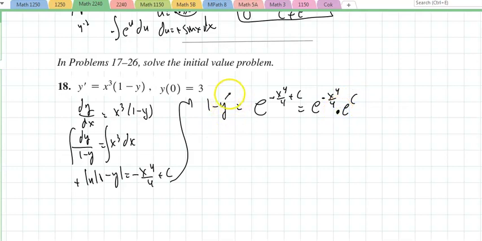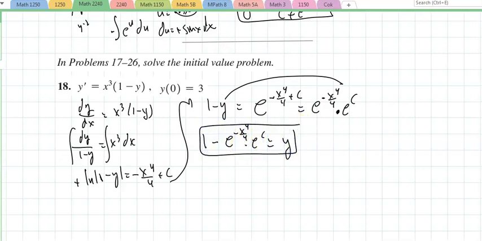And if I swap those, I'll get 1 minus e to the negative x to the 4th over 4 times e to the c equals y, except I should find what c is. So if I replace x by 0, I'll get y to be 3, which indicates that 1 minus e to the c equals 3.